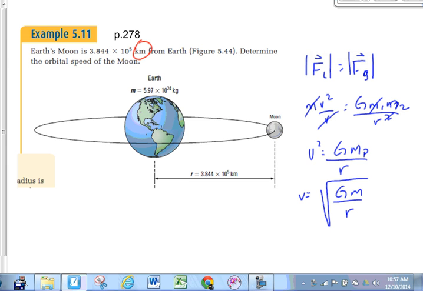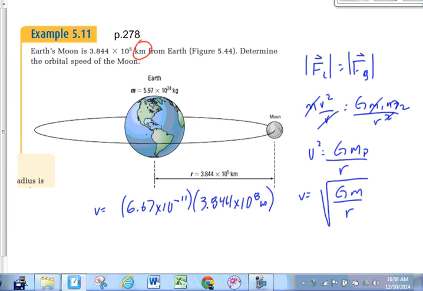So let's plug some numbers in here now. v is the square root of 6.67 times 10 to the minus 11 times... Okay, the distance we're going to use here is 3.844 times 10 to the 8, because we want it in meters, right? If you get 10 to the 5 kilometers, then you have 10 to the 8 meters. Sorry, you're right. No, we're using the mass.